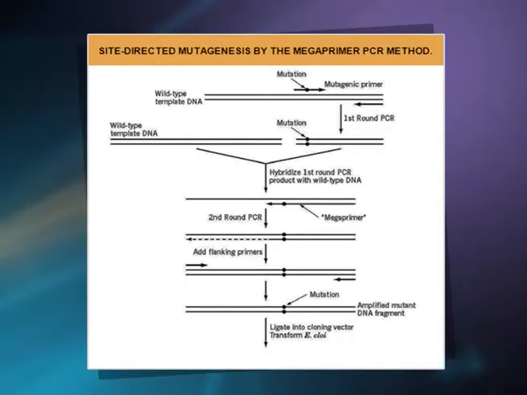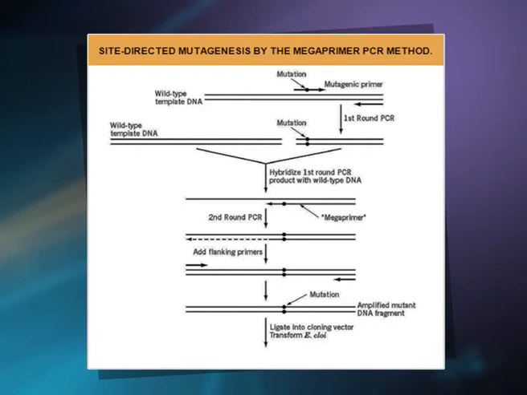This method uses only a single mutagenic primer to create mutations in the target template. In the first round of amplification, the wild type template is amplified using either a sense or antisense mutagenic primer and an appropriate flanking primer.